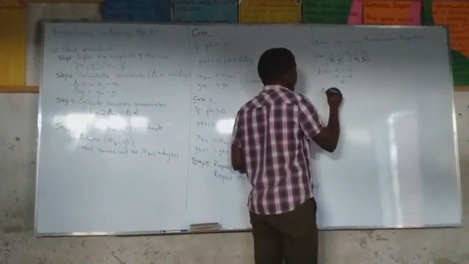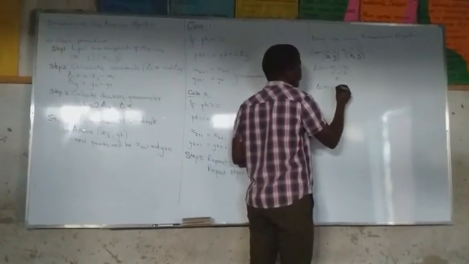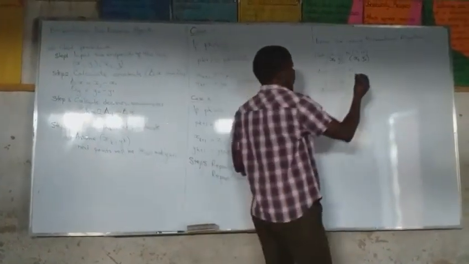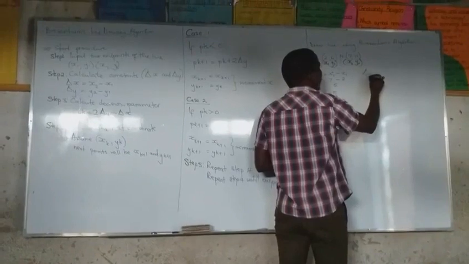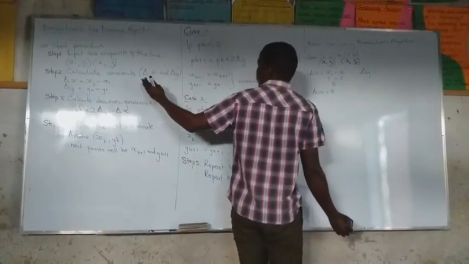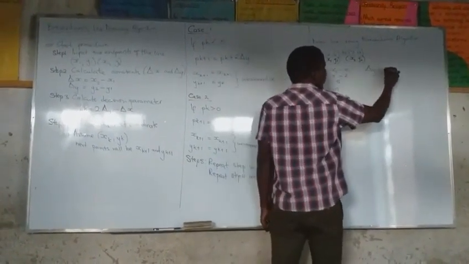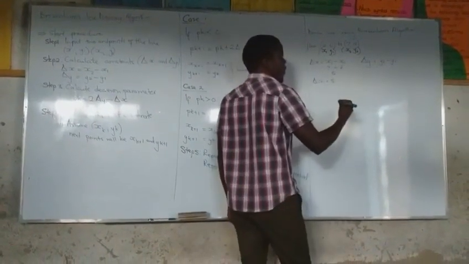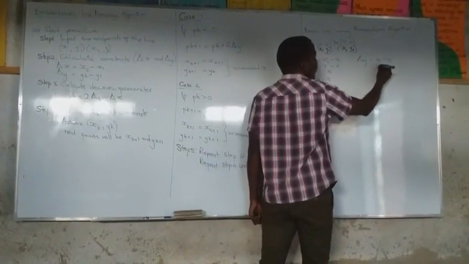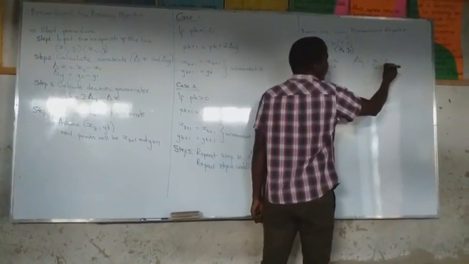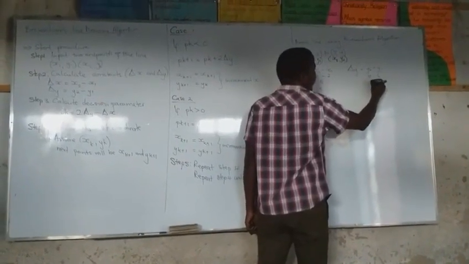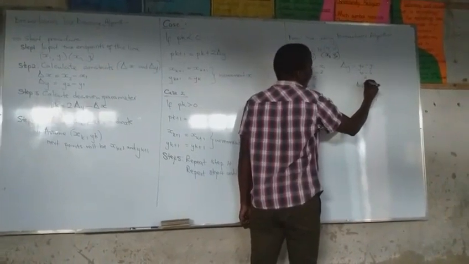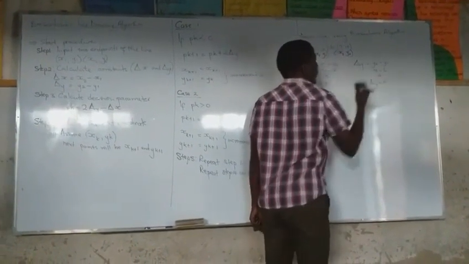So our delta x is equal to 5. Let's calculate delta y. Delta y is calculated by subtracting y2 minus y1. So our y2 is 10, subtract y1 is 6. 10 subtract 6, we get 4. Therefore, delta y is equal to 4.